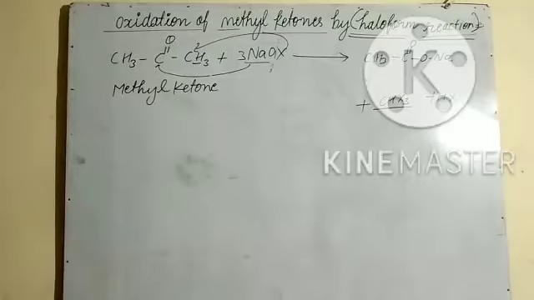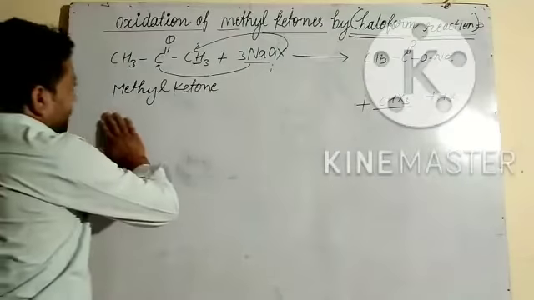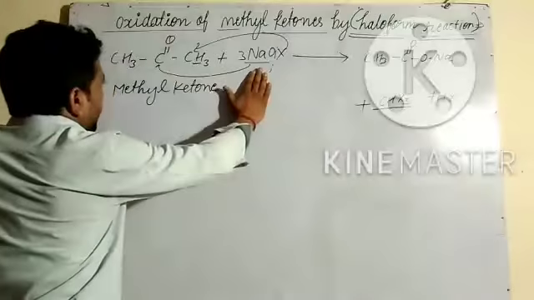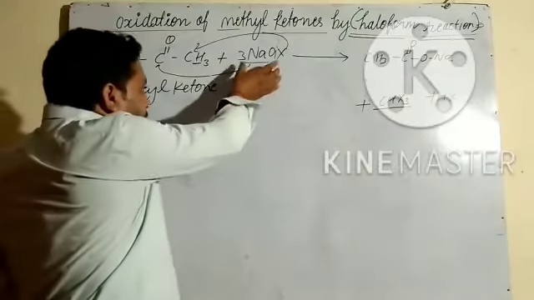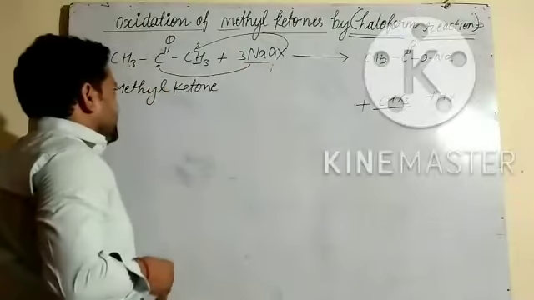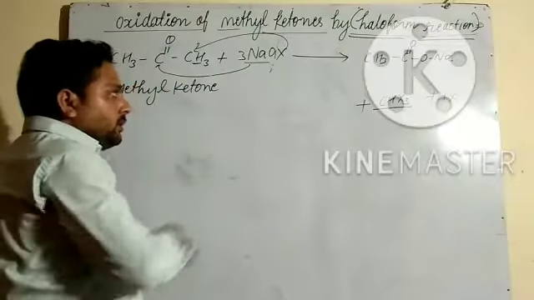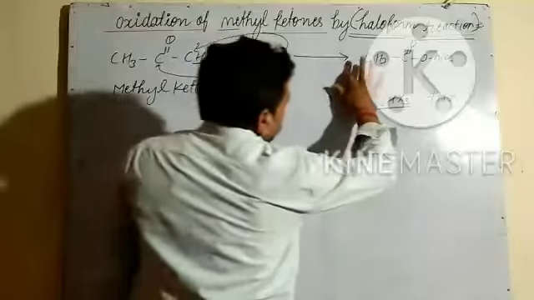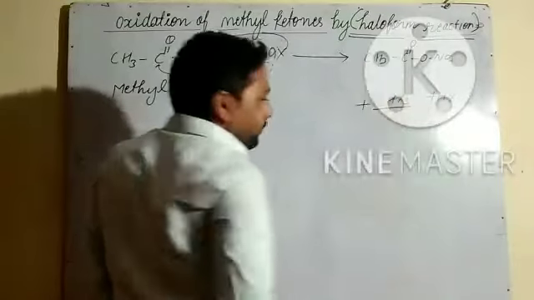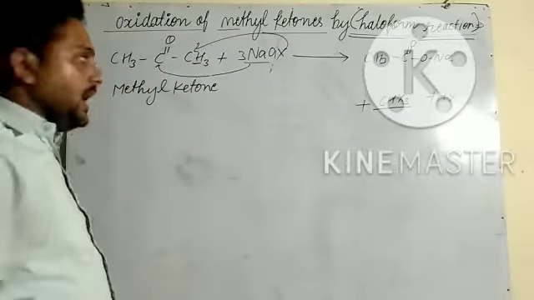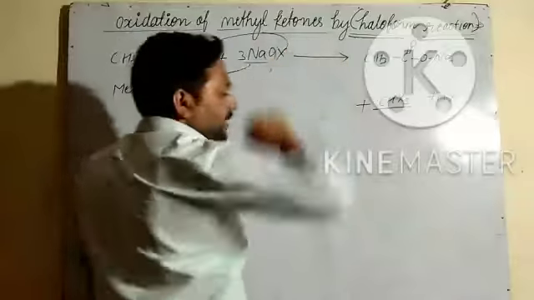So what we have seen here: methyl ketone reacts with sodium hypohalite. Sodium hypohalite oxidizes the ketone to the corresponding carboxylic acid and haloform, and this reaction is known as haloform reaction.